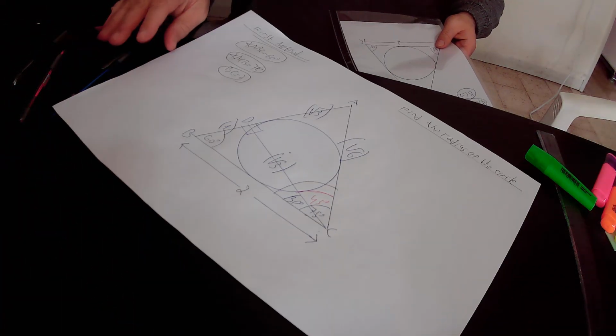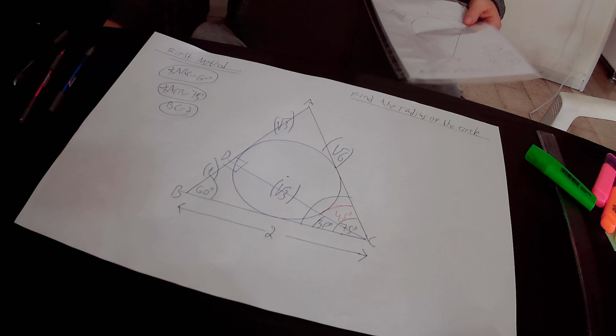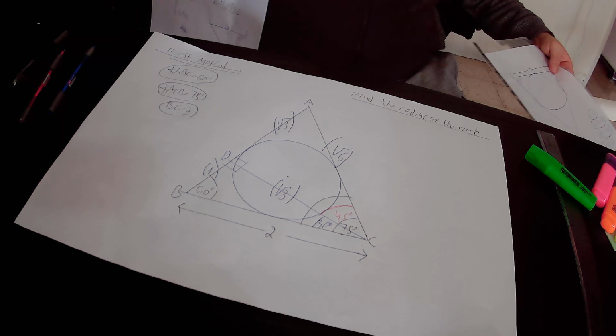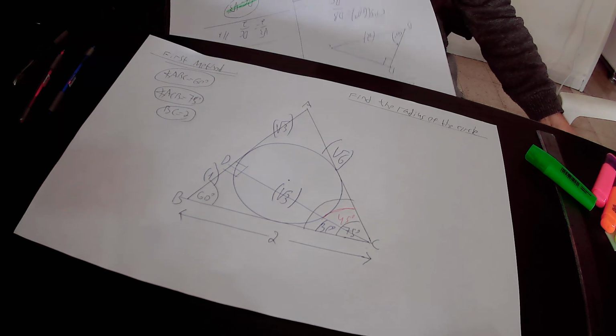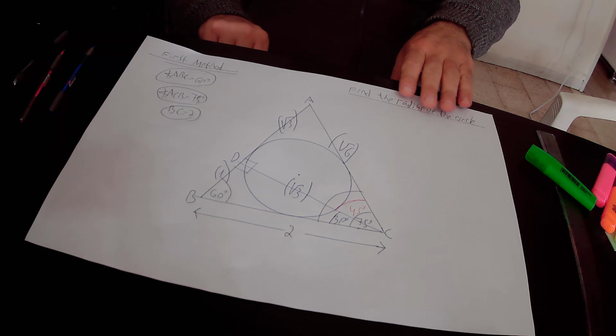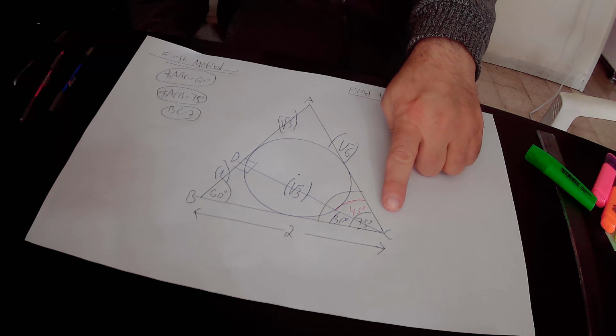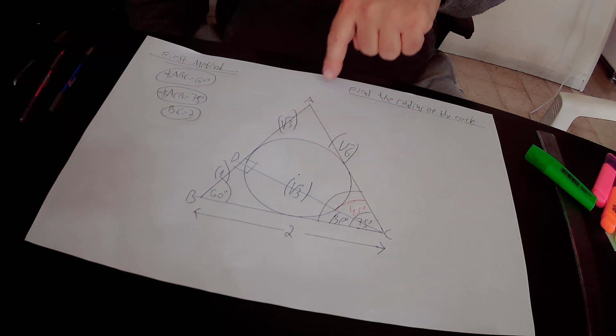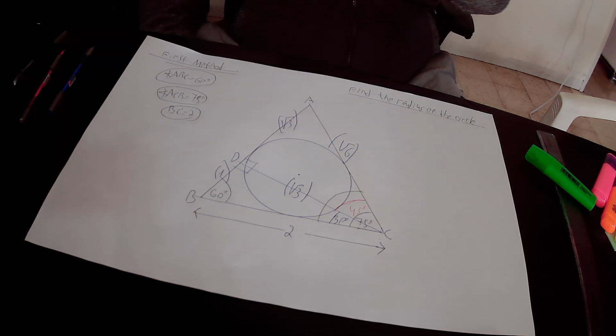In the first method, we did a construction: from point C, we draw a perpendicular on side AB.